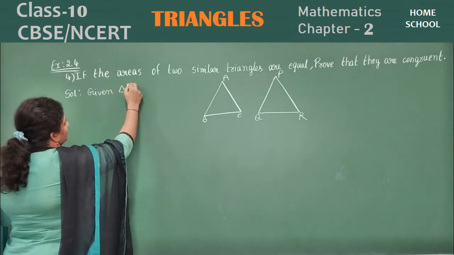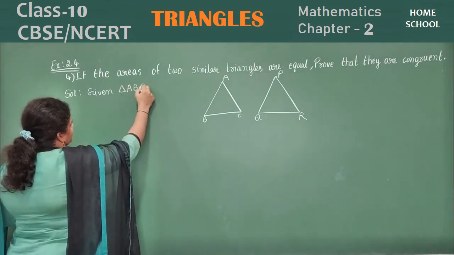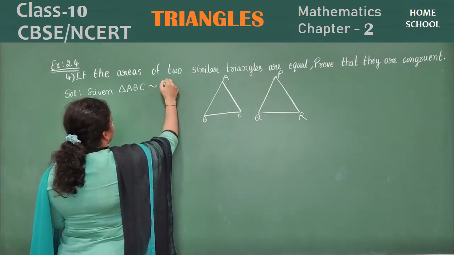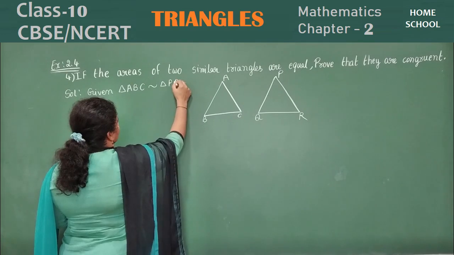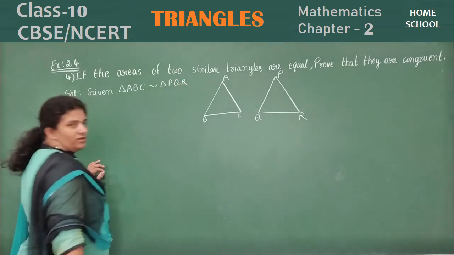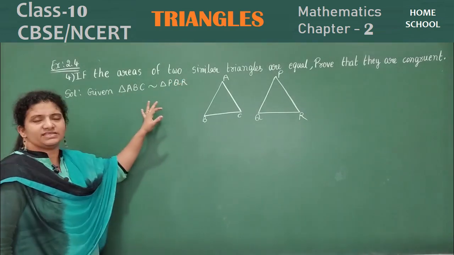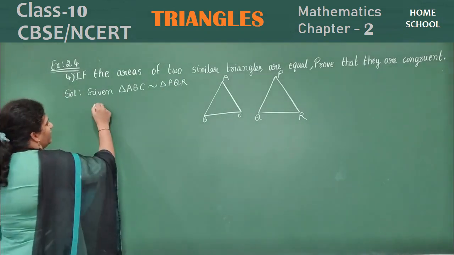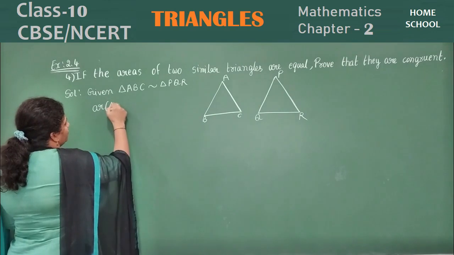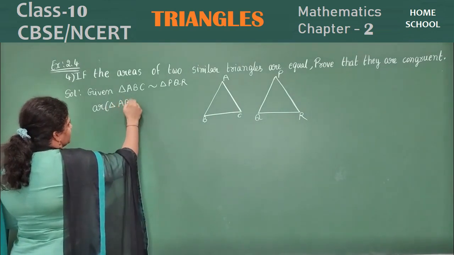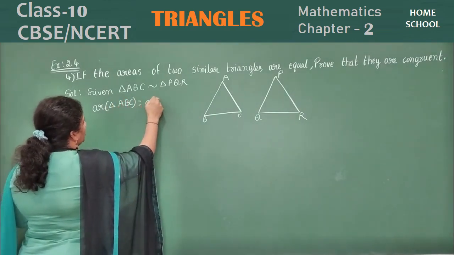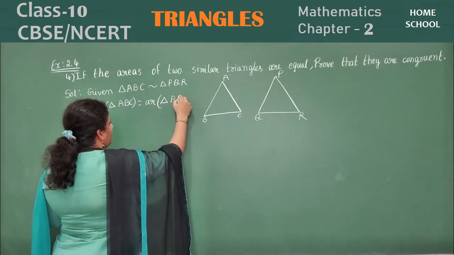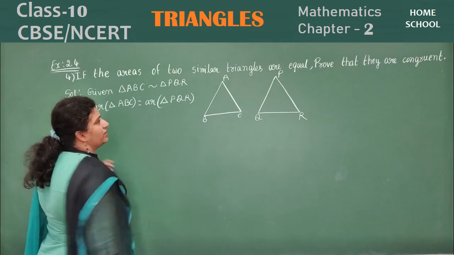Given triangle ABC, two triangles, no? So let's assume the two triangles ABC and PQR. Given triangle ABC similar to triangle PQR and area of triangle ABC is equal to area of triangle PQR.